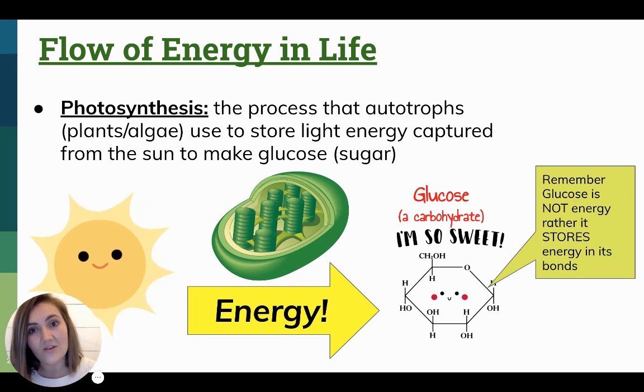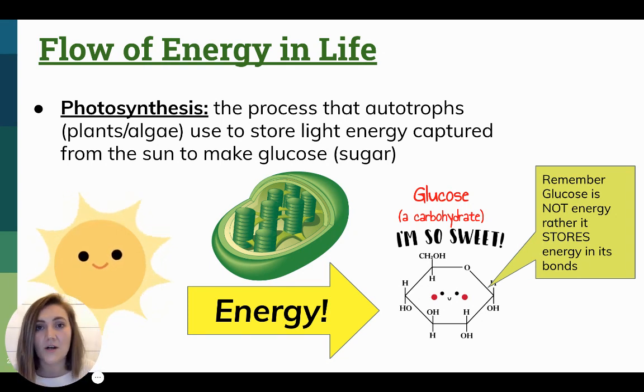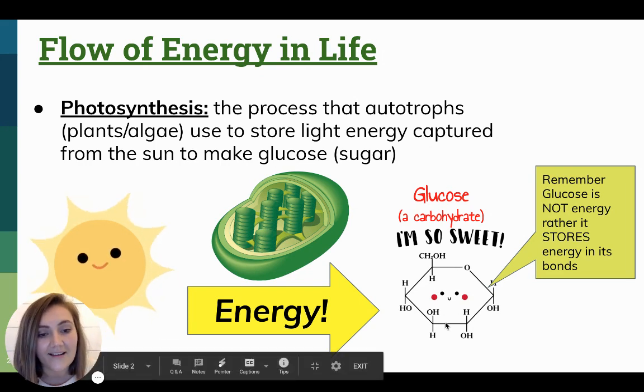So we're taking the light energy, capturing it, and using it to make glucose. This is a process that only autotrophs use. One thing to keep in mind is that glucose itself is not energy. Rather, the sunlight energy that was captured is now being stored in the form of chemical energy, and it is now found in the bonds. So keep that in mind.